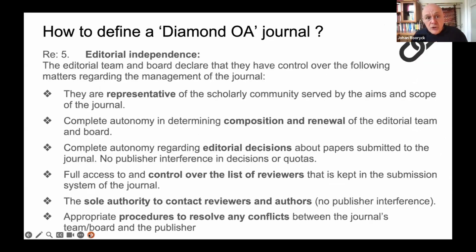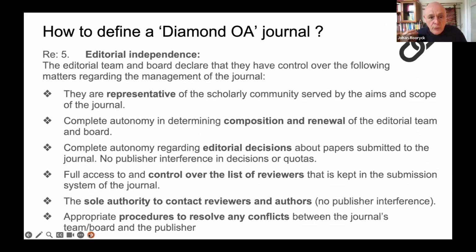If you ask me what such an editorial independence statement should be, as some of you know, perhaps, I transitioned the journal Lingua, or the community of the journal Lingua, to the journal Glossa about 9 years ago. And so I've given these matters some thought. For me, the editorial independence really should be that editors are representative of the scholarly community. That's the easy one, but they should have complete autonomy in many cases.